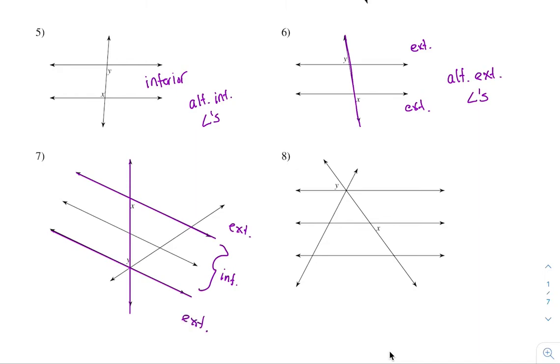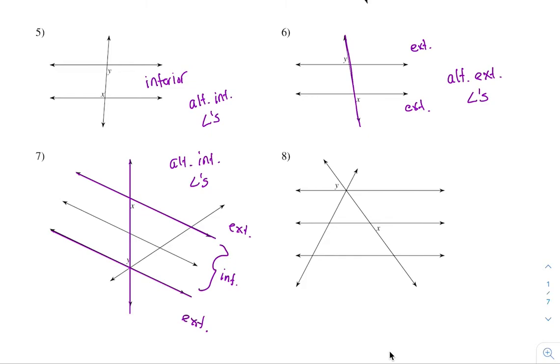So based off of that, we have two interior angles and they are not on the same side in regards to the transversal. So they're on different sides, and that's when you get alternate interior angles. A little tricky, but just identify which lines are necessary for your two parallel lines and a transversal.